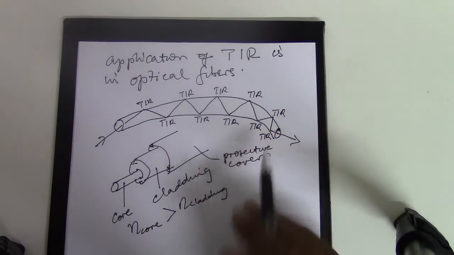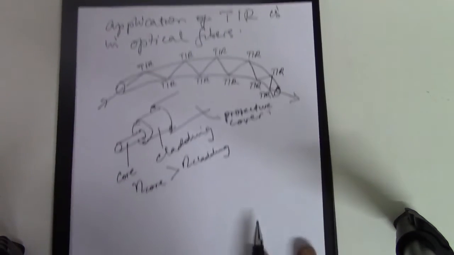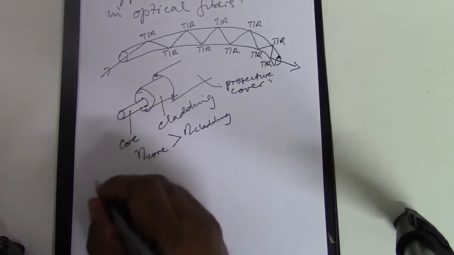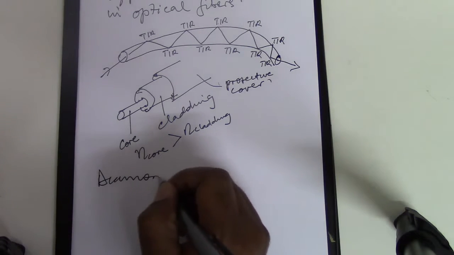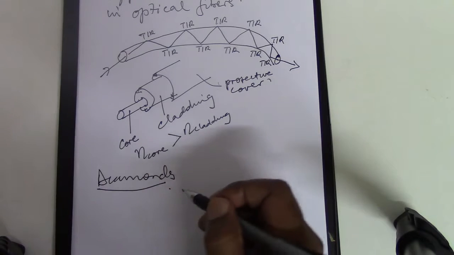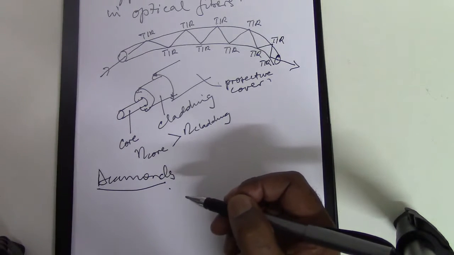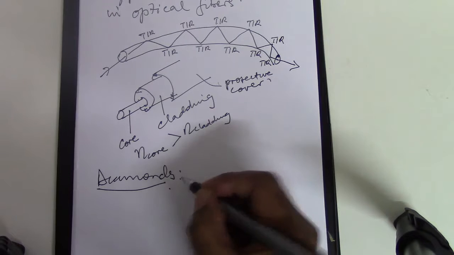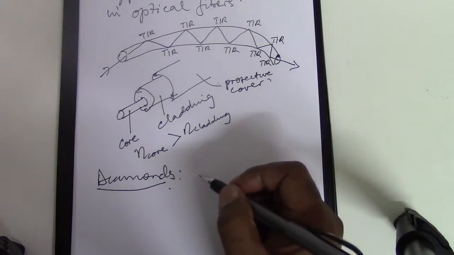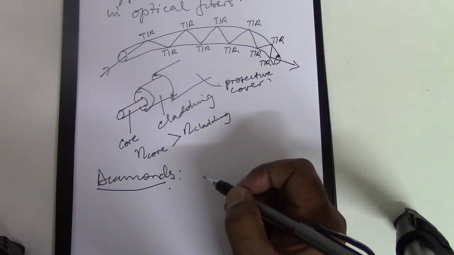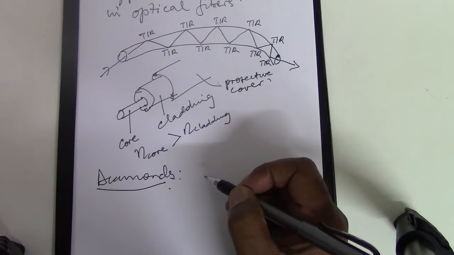Right. This same concept of total internal reflection is used in diamonds. In other words, another application is in diamonds. When people cut these diamonds, they are cut in such a way that when light enters it, it is trapped inside and does not come out.